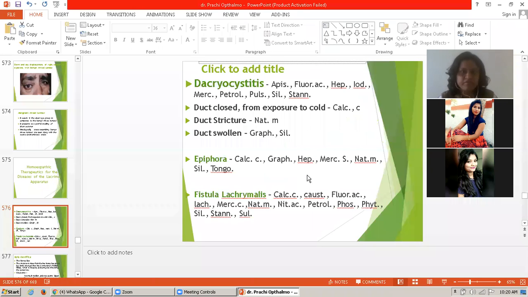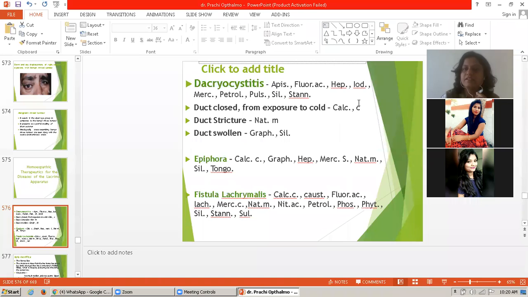Firstly, for dacryocystitis, in homeopathy there are many useful remedies like Apis mellifica, Fluoric acid, Hepar sulph, Iodine, Mercurius, Petroleum, Pulsatilla, Silicea, and Stannum met, and for duct closed from exposure to the cold. So, when the patient is exposed to the cold, there is closure of the lacrimal duct.